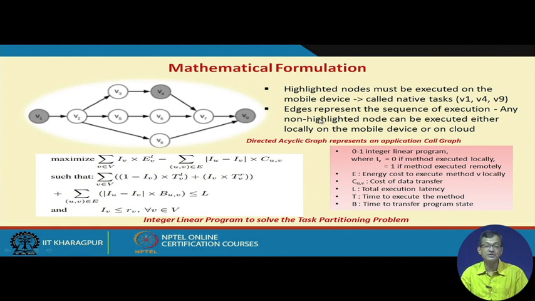Any non-highlighted node can be executed either locally or on the remote cloud. If it is offloaded, this first portion says how much energy could have been saved, or in other words, had it been executed locally, how much energy would have been taken. That is saved if I offload it to the remote.